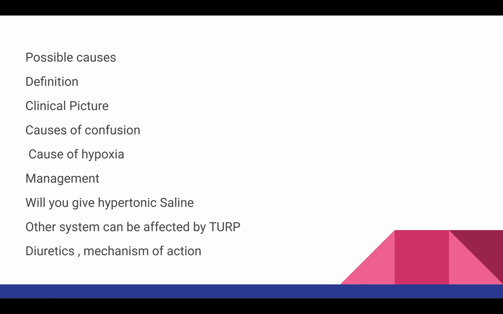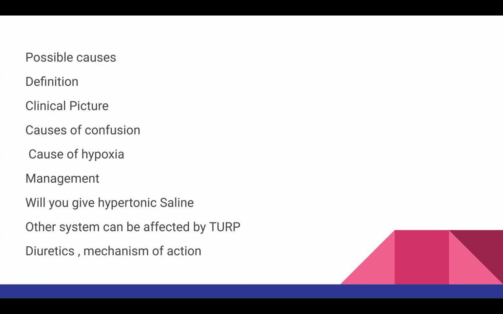The osmotic diuretics act on the proximal convoluted tubule. Loop diuretics act on the thick ascending loop of Henle, and the thiazide diuretics act on the DCT and CT, helping in excretion of excess fluids.